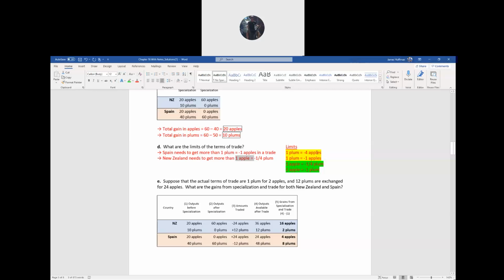So these conditions say the same thing. Either the trade has to be in terms of plums, where it's one plum equals something bigger than one apple but less than four, or it's in terms of apples, and the trade is something bigger than 1/4 but less than one. Right? Each of those things say the exact same thing. Each of these things determine where the trade can benefit both countries. And the only difference is you're specifying in terms of plums or apples.